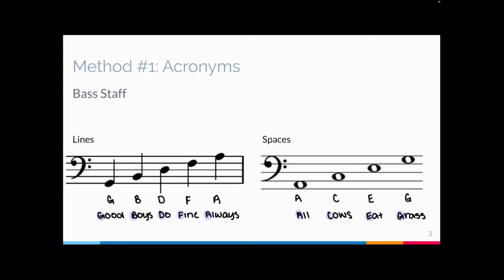The first letter of each word corresponds to a pitch on the spaces of the bass staff in order from the lowest space, A, to the top space, G. For example, the A in all corresponds with the A on the lowest space.